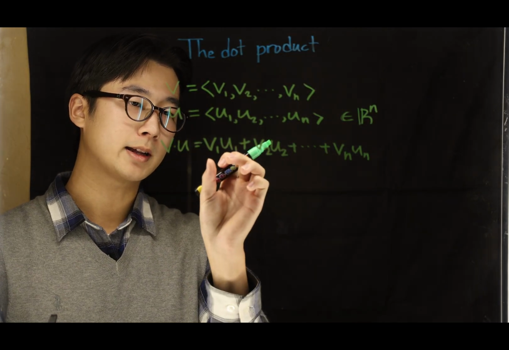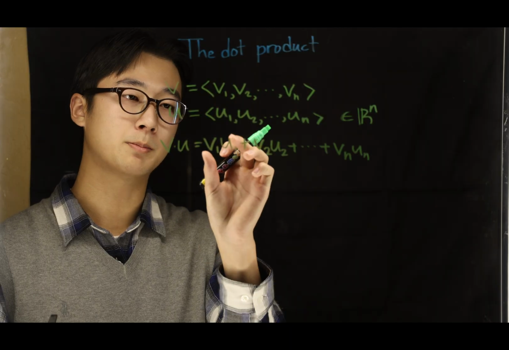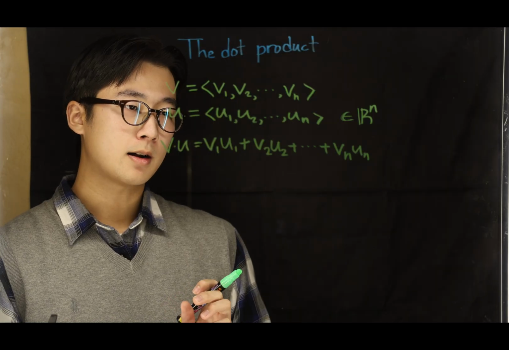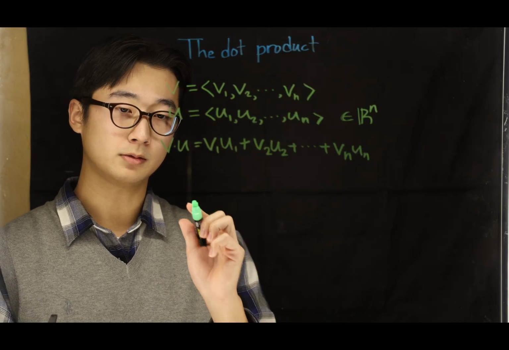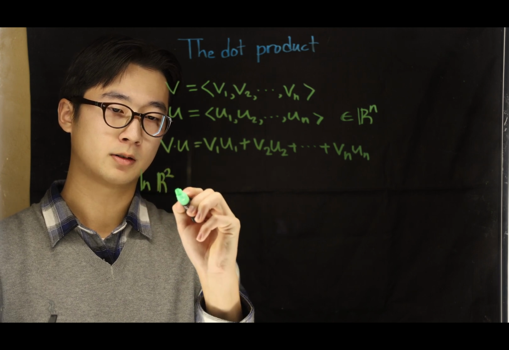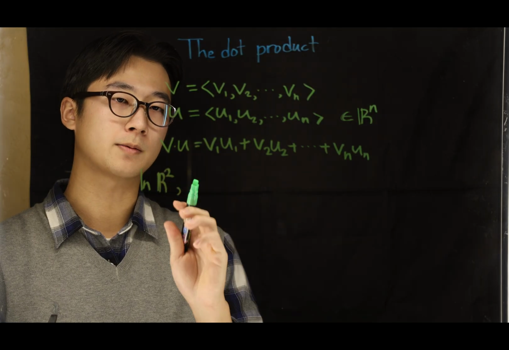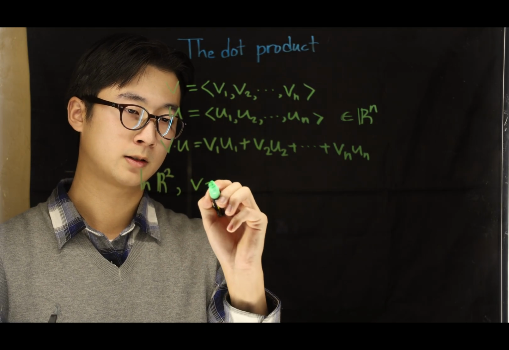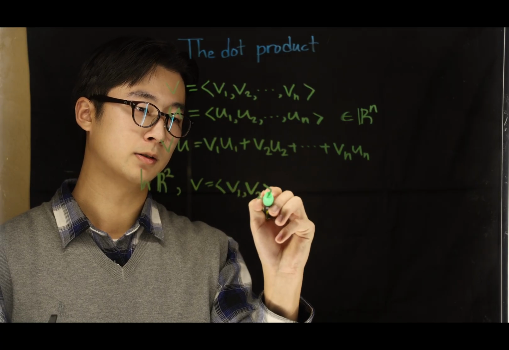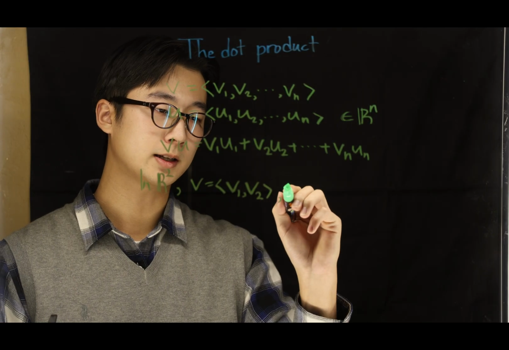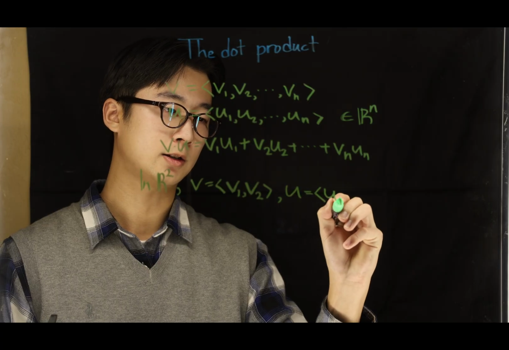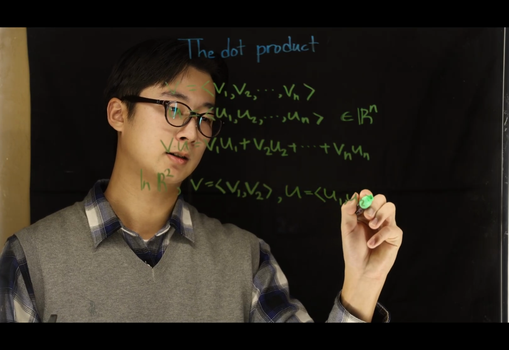We just multiply each corresponding component of the two vectors v and u. So in two dimensions, for example, in R2, let's say there's a vector v equals v1 and v2, and another vector u, in this case, as you can expect, is just u1 and u2.